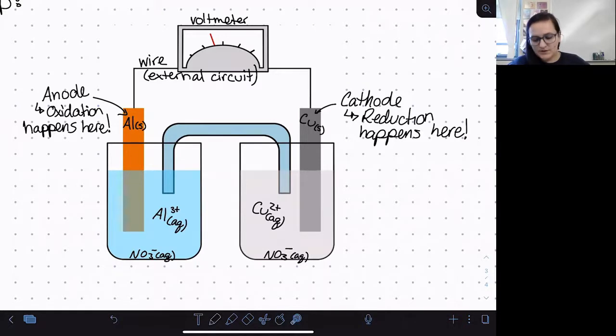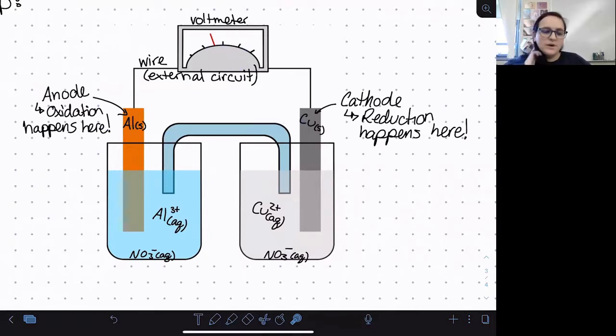If you were using this to power some kind of device, this is where it would go. If you were trying to light up a light bulb, it would go right here. If you were trying to power your phone, it would be plugged in here. If the rest of this were a real battery, this would be the circuitry inside that device.